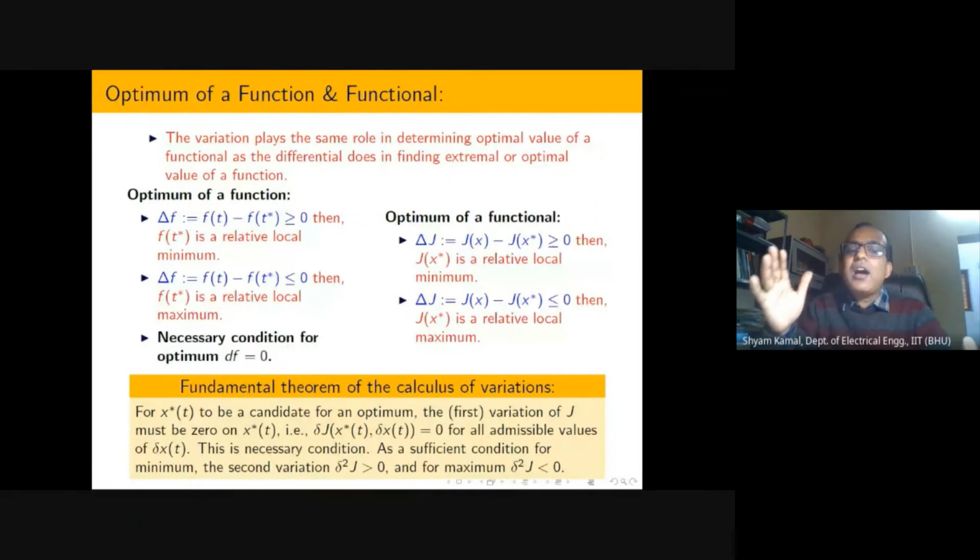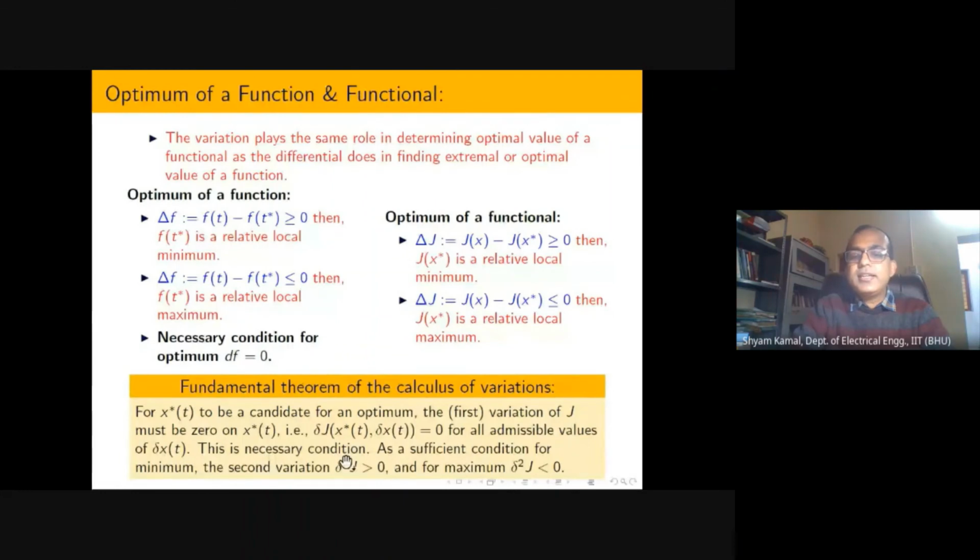At least half of the optimal control problem is based on this particular theorem: for x star to be a candidate of optimum, the first variation, and I am just talking about the first variation, must be 0. I have to make sure that the first variation is 0 for all admissible values of delta xt.